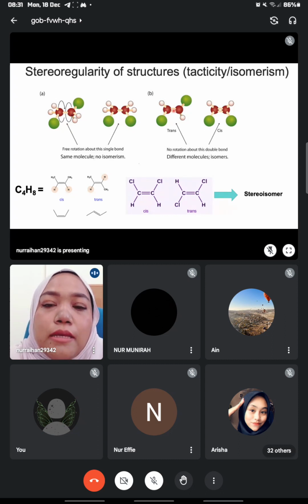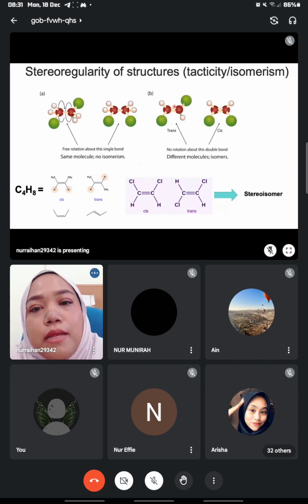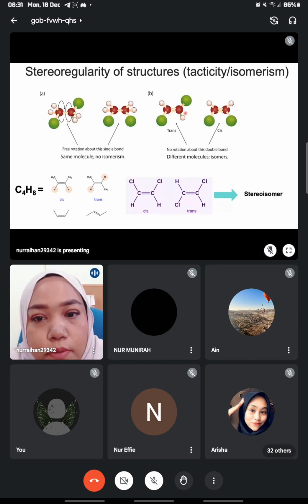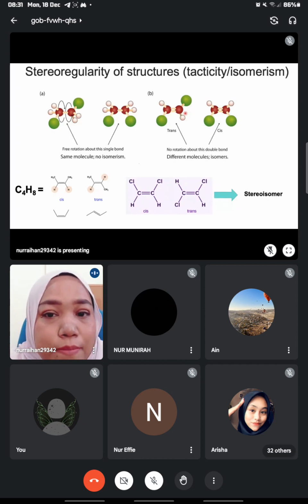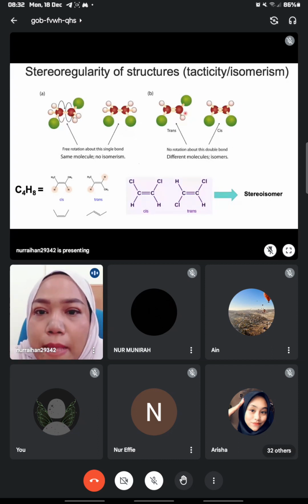The rotation will be impossible. If we look at diagram B, when there is a double bond like this, no rotation will happen anymore. Your polymer will not rotate, it will vibrate but it will not rotate. So when they have this double bond, they will have the same atoms.